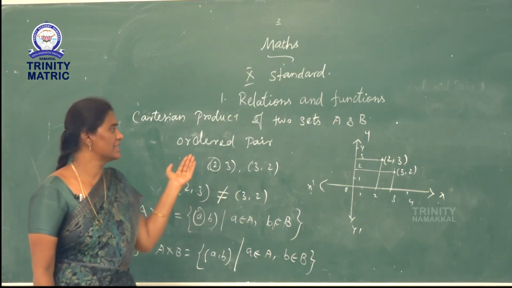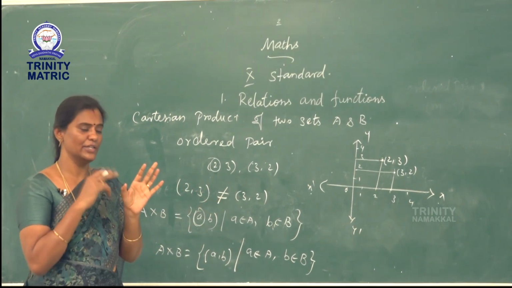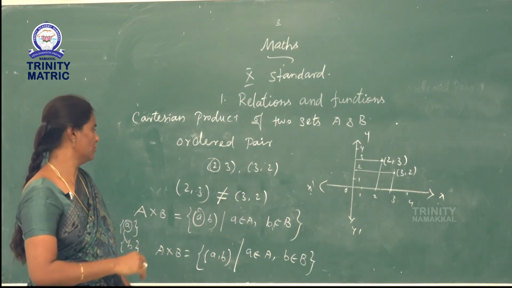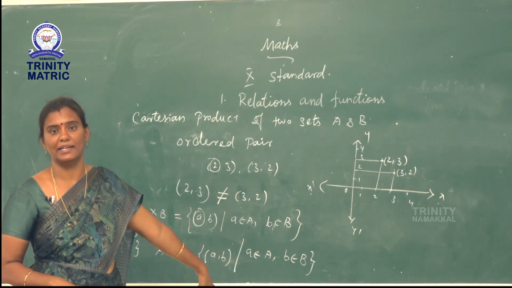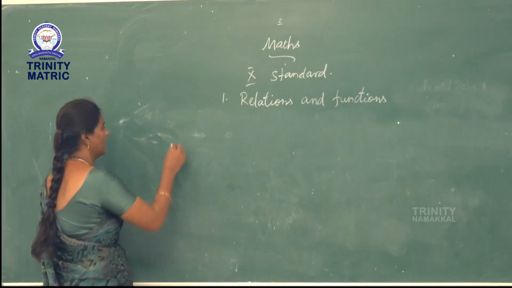Before that we have seen set union, set intersection, set difference. In set union, only the elements from A union B come. But here, in the Cartesian product, the elements that come are a set of ordered pairs.